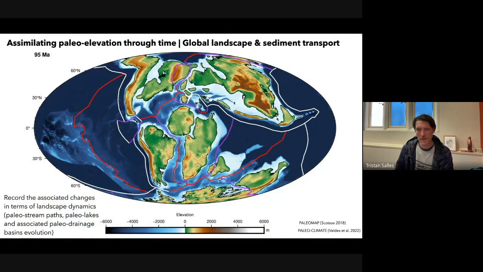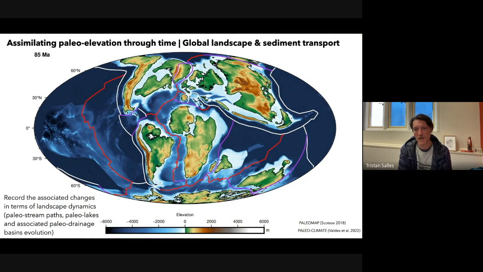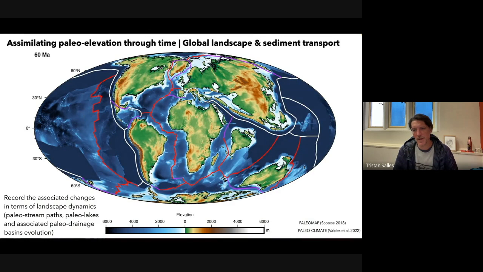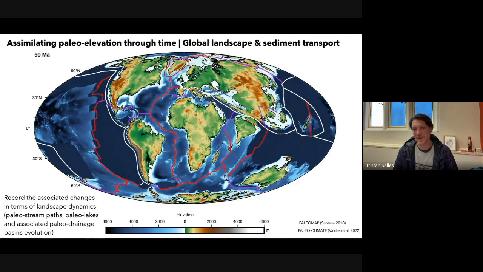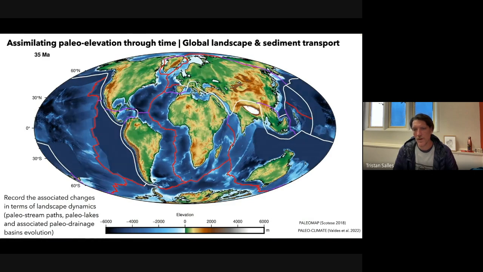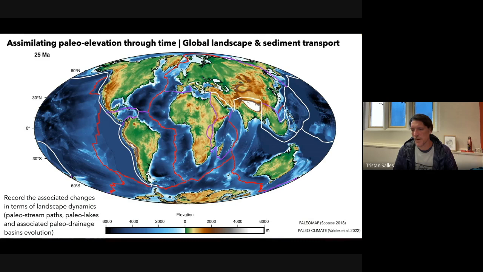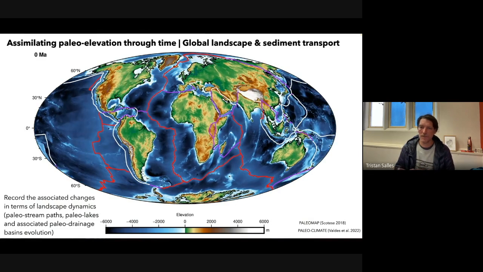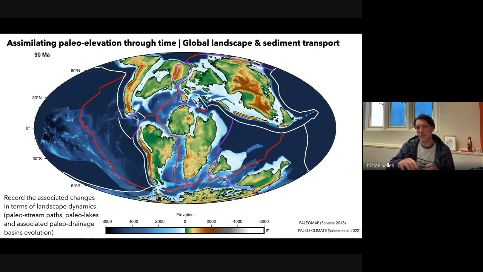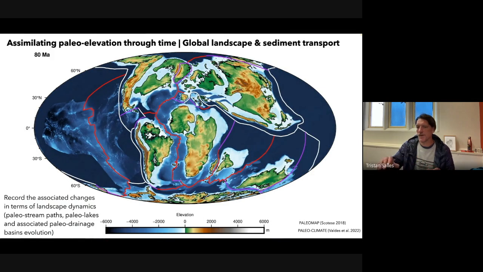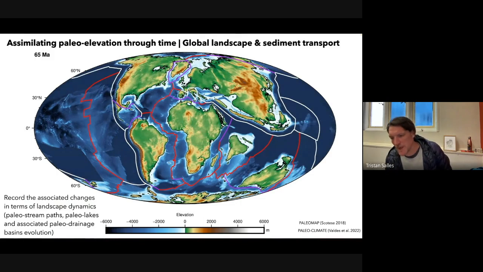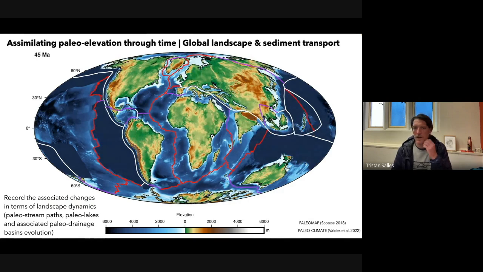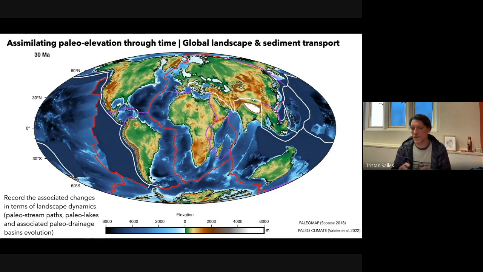So what we presented in the paper was looking at the evolution over the past 100 million years by combining one set of reconstructions, the paleo-map reconstruction from Scotese, which looks at the evolution of plate tectonics and provides a paleogeography with it, and a paleoclimate model that has been run with the paleo-map dataset to ensure consistency between the two.